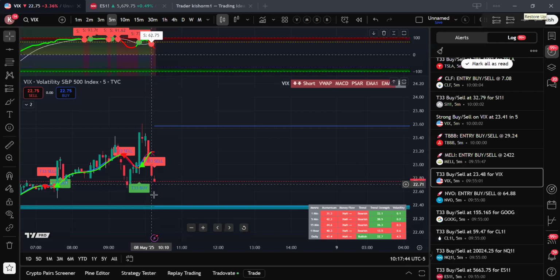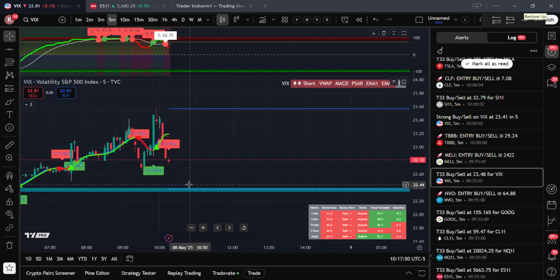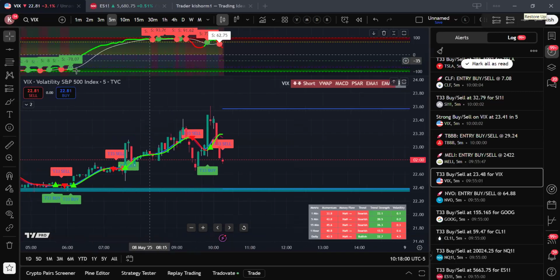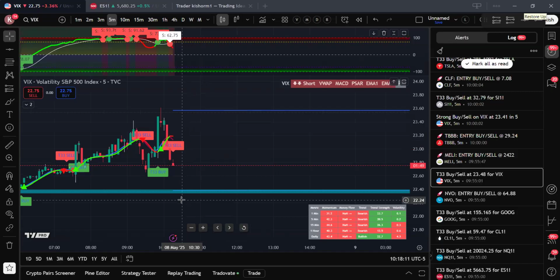That means VIX can drop all the way here. If it breaks that level, it can come all the way to here. So when you see everything red and you see a sell signal, this one is at the top, that is a very good opportunity. In the same way, if this is at the bottom, and then everything is green, you mainly look for the buy signals. So now there is a high possibility for VIX to drop.